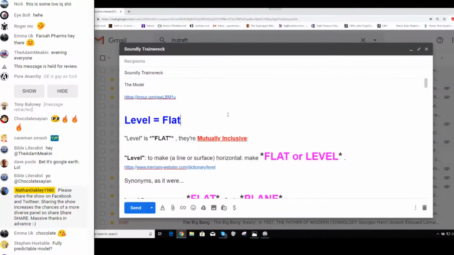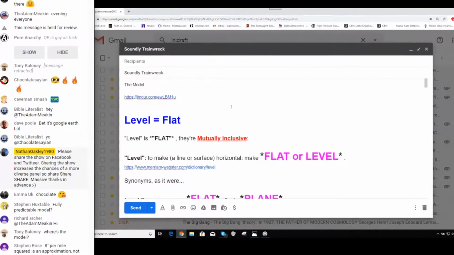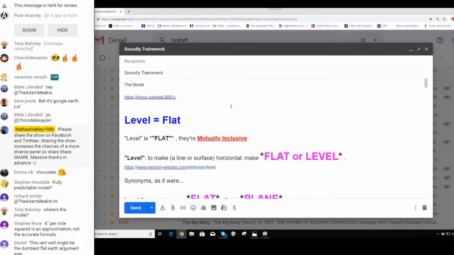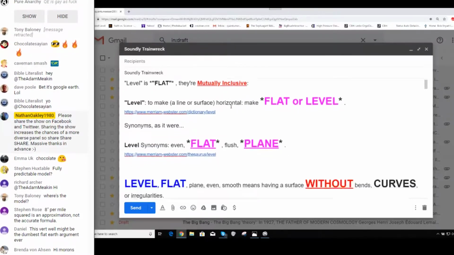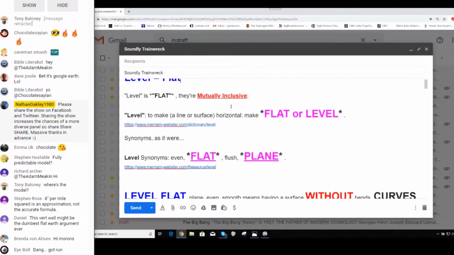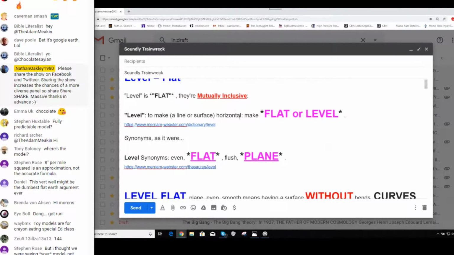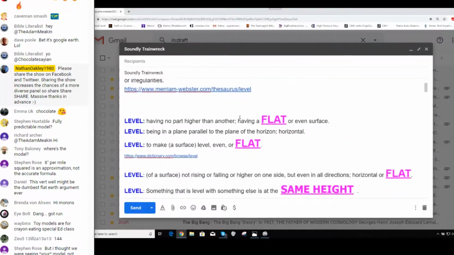And the next one, the meaning of level and flat. Well, let me break it to you. Level equals flat. They're mutually inclusive. From Merriam-Webster: level, to make a line or surface horizontal. Make flat or level. Level synonyms: even, flat, flush, plane.